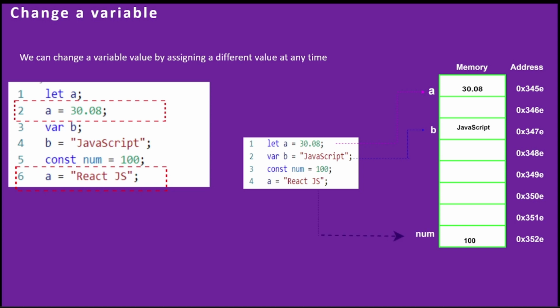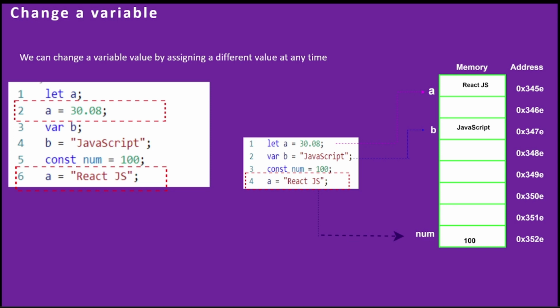Whenever your program is executed, at line number 4 it updates the previous value, 30.08, which you assigned previously, with React.js now. Then your compiler will just remove the previous value and update it with the new value, React.js, in your memory. This is how a variable works in the programming language.